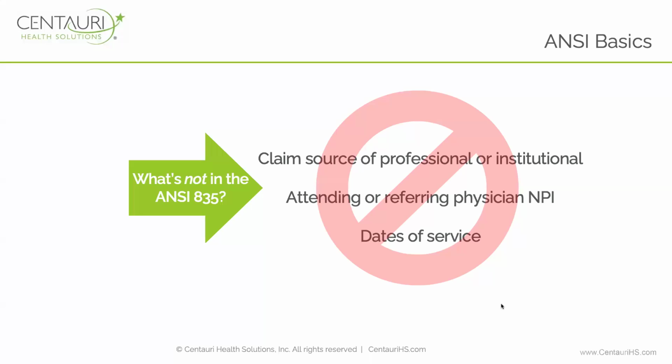It actually indicates in the claim header A1, and then all the institutional is A2, a slightly different format. But when you get back that 835, that bit of information does not come back, which may be interesting if you have provider-based clinics and you're trying to sort out remittances sometimes. That's not going to help you.